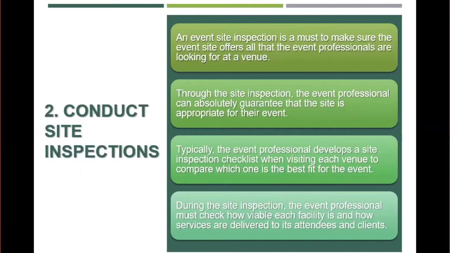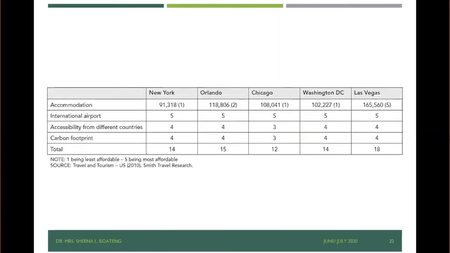And it is a list that contains all the things that you are looking for in an event venue to make it ideal to host the events that you are going to host. So there are different types of checklists that people have developed. Sometimes you can get a generic checklist or come up with your own. And very soon I'll show you some examples of checklists.